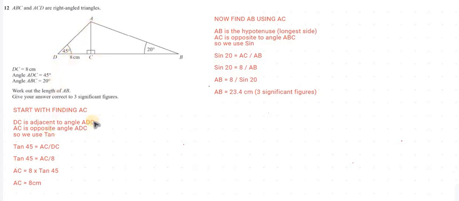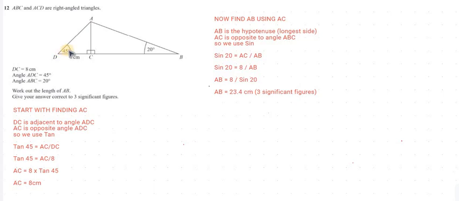The side DC is adjacent to the angle ADC, meaning the angle 90 and the angle lie on that line. They're both on that line. So that's the adjacent. And AC is opposite to angle ADC.